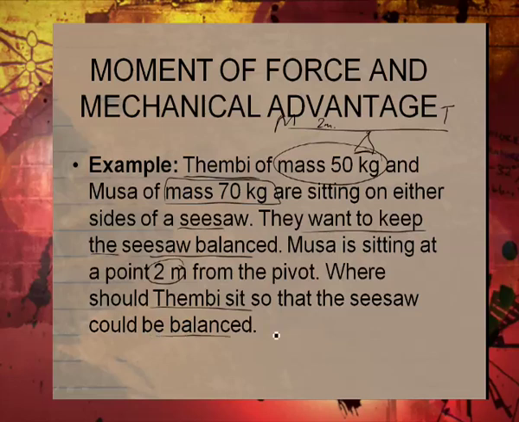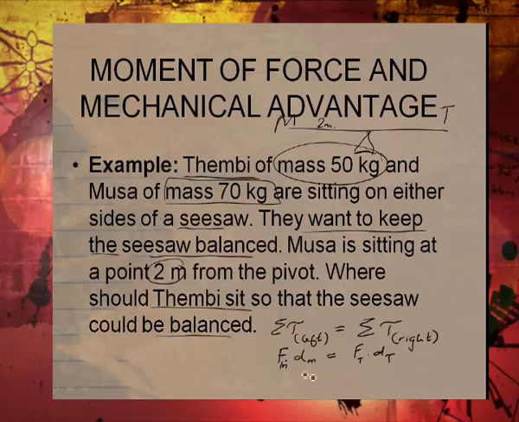What we need to understand here is that the sum of the torques on the left should be equal to the sum of the torques on the right. So for the left, let's look at Musa, who is 2 meters away. The torque for Musa will be the force acting on Musa times the distance for Musa, equal to the force acting on Thembi times the distance for Thembi.